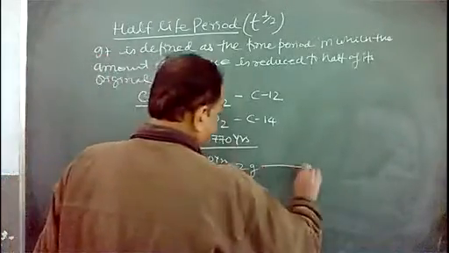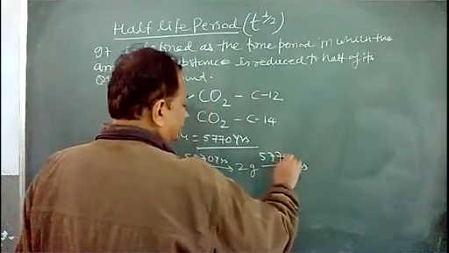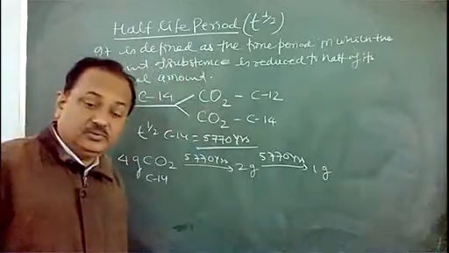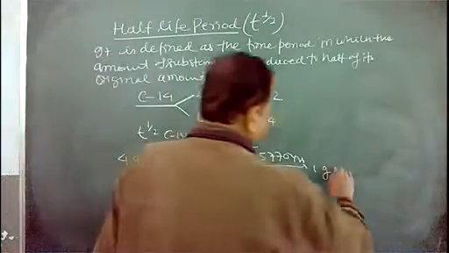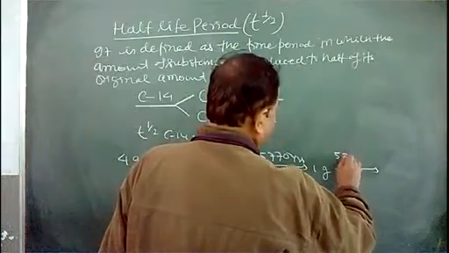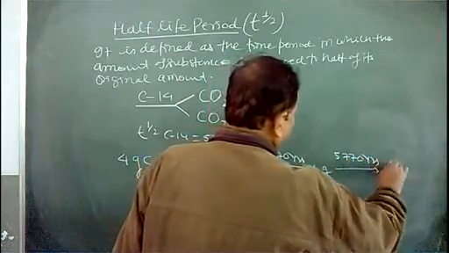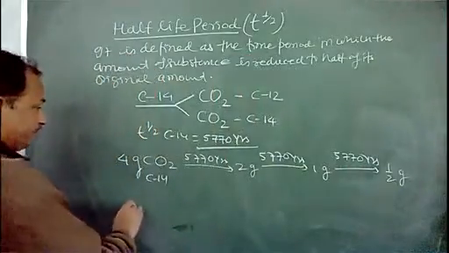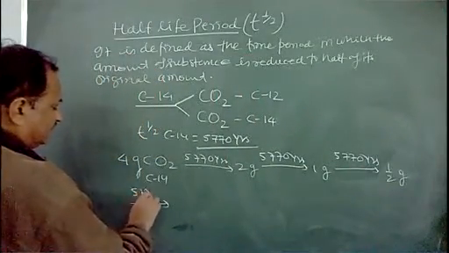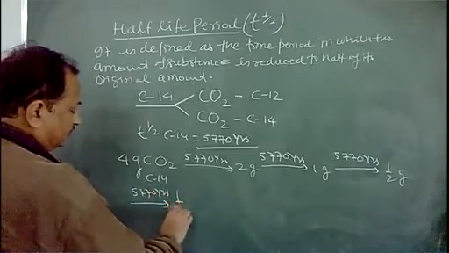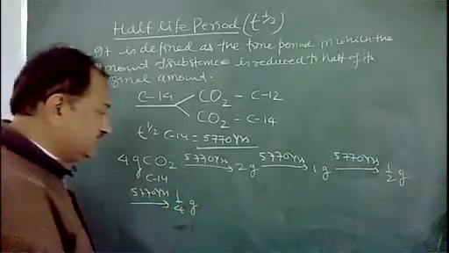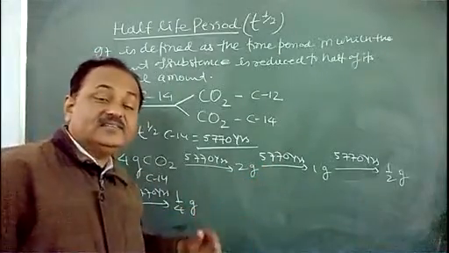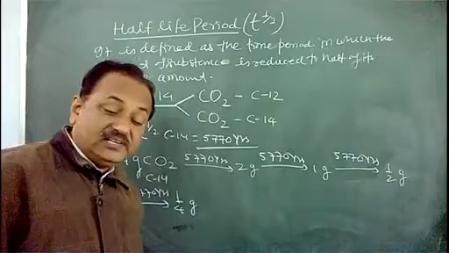Now again, after 5,770 years, it is reduced to 1 gram. And again, after 5,770 years, it is reduced to 0.5 gram. So children, 1, 2, 3 and 4, so it is more than 30,000 years.